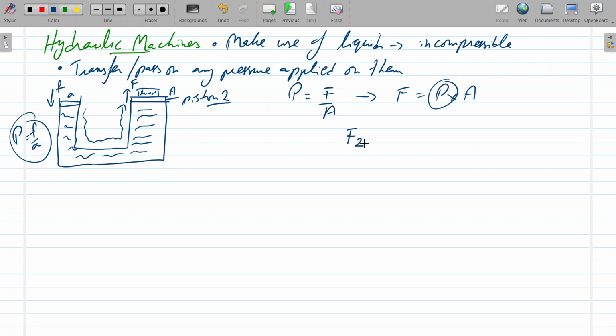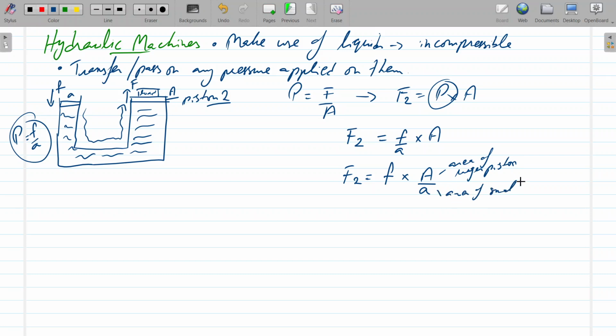So let's call this F2, capital F, and small f is the other. So F2 equals, you substitute this, small f upon small a into capital A. Rearrange this slightly, and what you get is F2 equals F, the smaller force that you applied on the smaller piston, multiplied by capital A, the area of the larger piston, over small a, the area of the smaller piston.